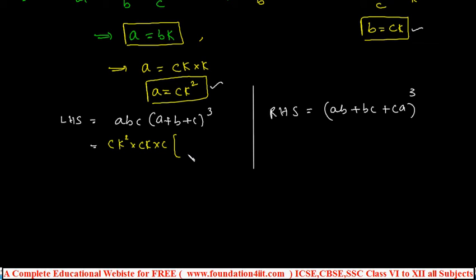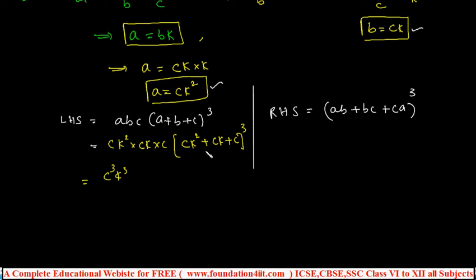Now within the bracket, A plus B plus C. Similarly, A is CK square plus B is CK plus C, whole cube. Now let us simplify this. C three times: C cube and K cube. And next, (A plus B plus C) whole cube.